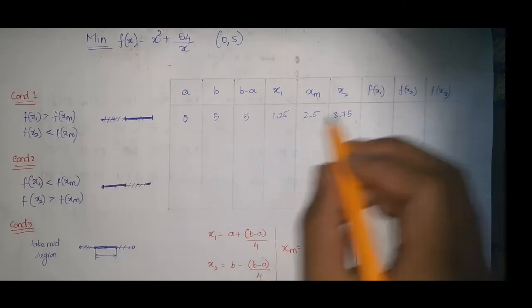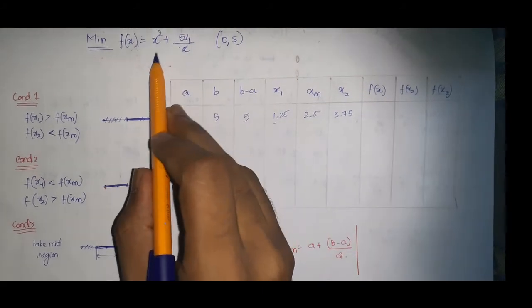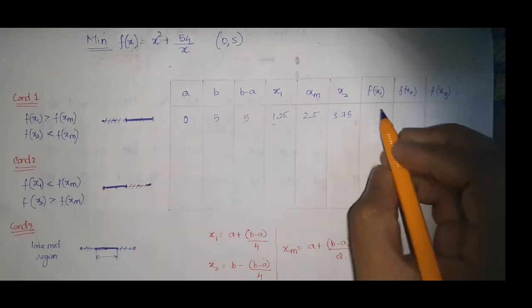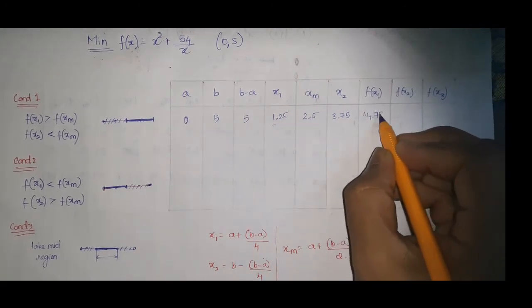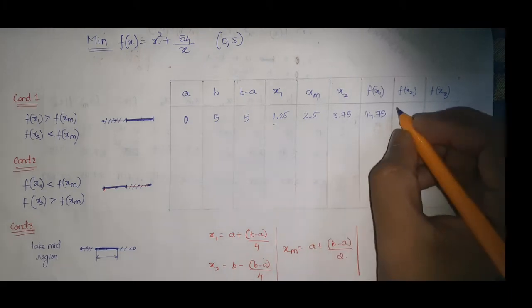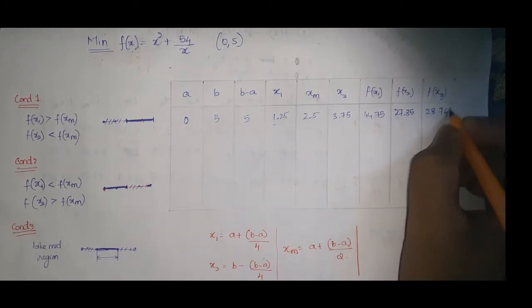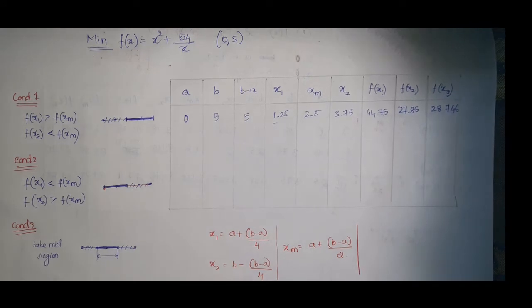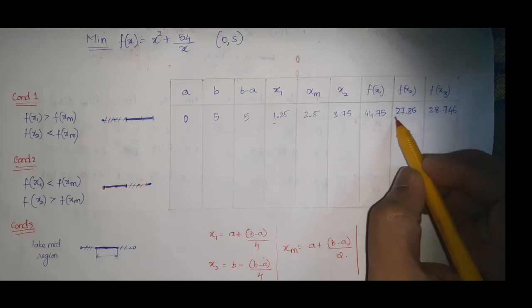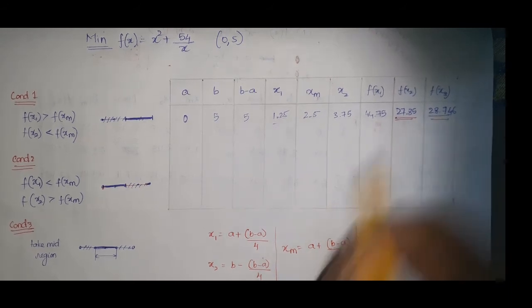If you substitute these values in our function, you will get the values as 44.75, 27.85 and 28.746.